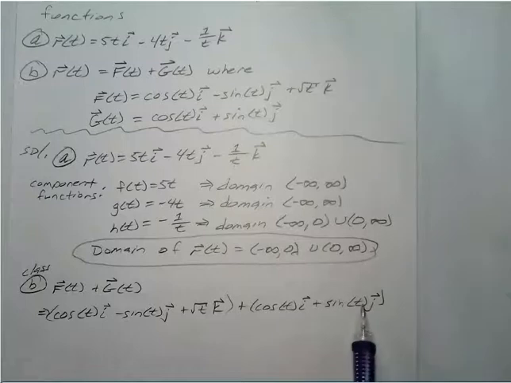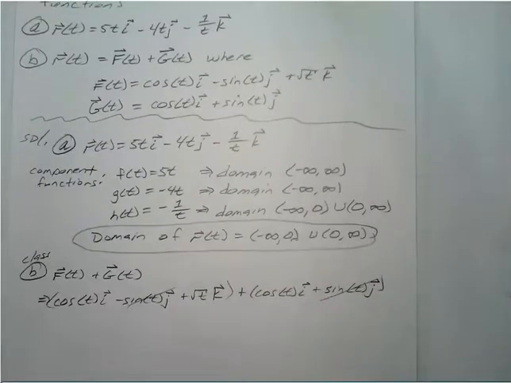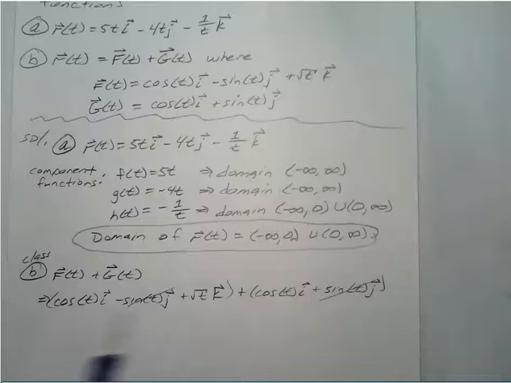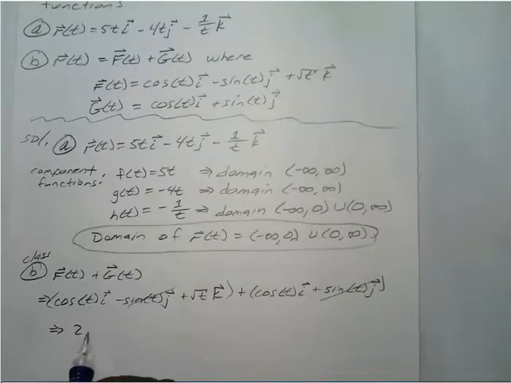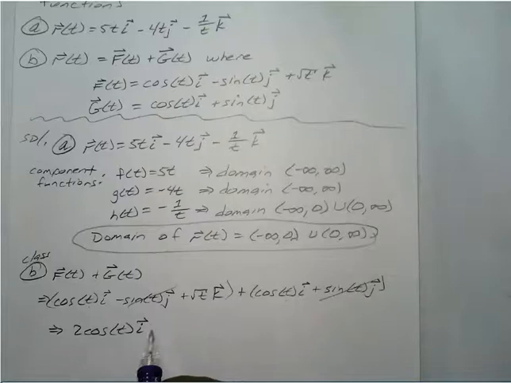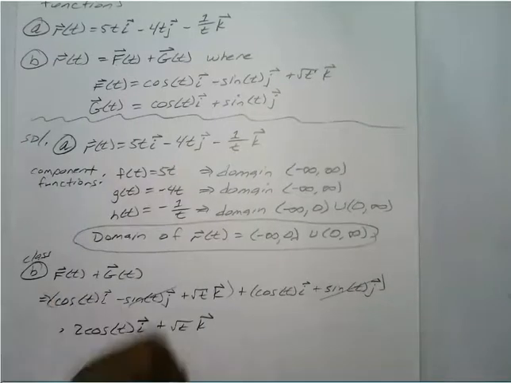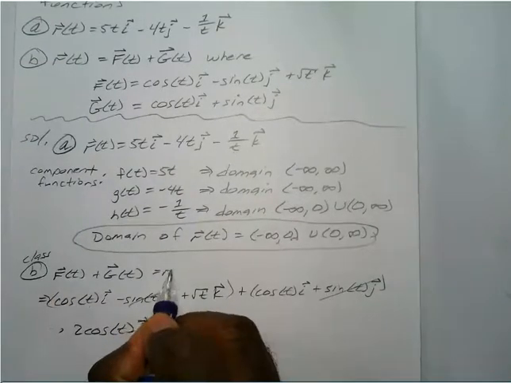We can see here that the plus sine of t and minus sine of t cancel each other out. So we have cosine of t i, cosine of t i. So really that gives us 2 cosine of t times the i vector plus square root of t times the k vector as our r of t. So really this is equal to your r of t.